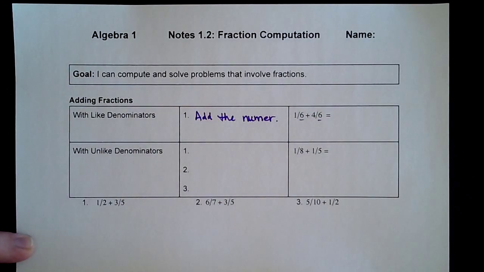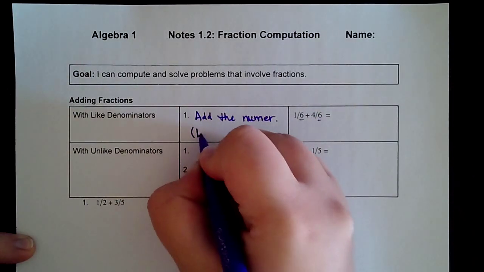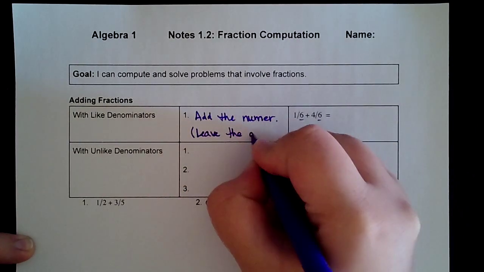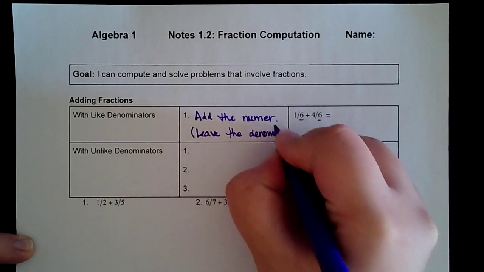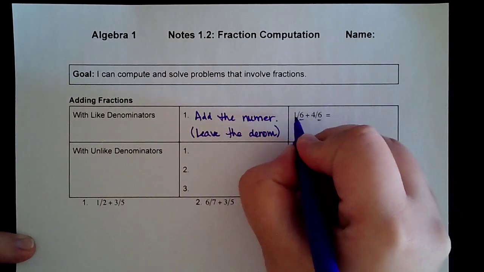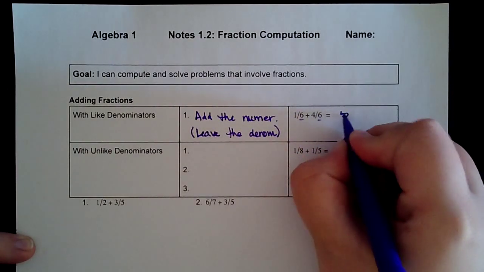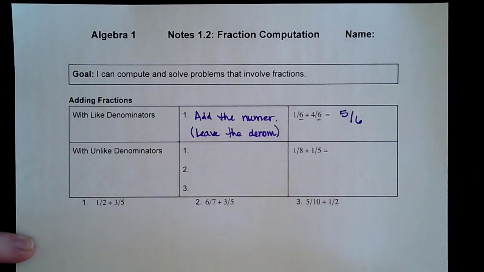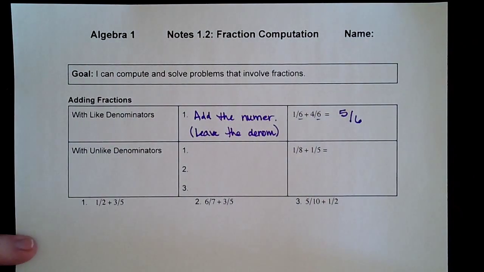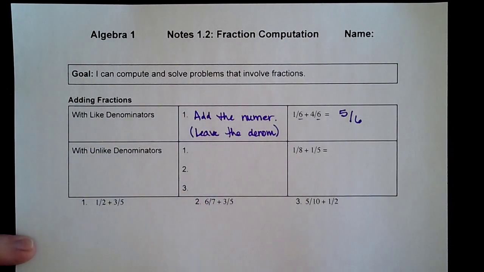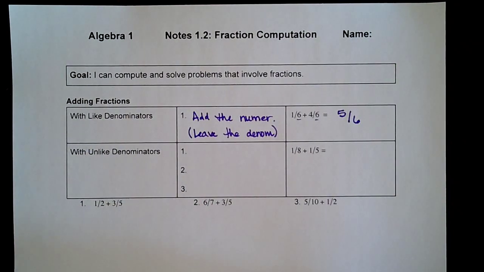Add the numerators, and then implied there is to leave the denominators alone. So leave the denominators alone. Again, shorthanding. So when I add the numerators, I get 1 plus 4 to be 5, and I leave that denominator alone. Pretty simple. However, when we have problems with unlike denominators, it takes a few more steps.